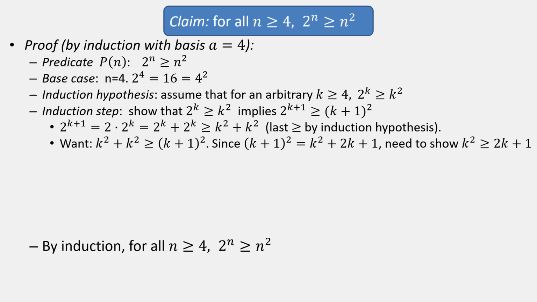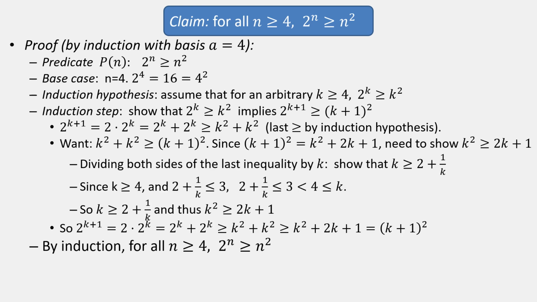It will be k squared plus 2k plus 1. So one of the k squared in k squared plus 2k plus 1 matches the k squared in k squared plus k squared. So all that remains is to show that k squared is greater than or equal to 2k plus 1. So we will show it as a little lemma on the side.